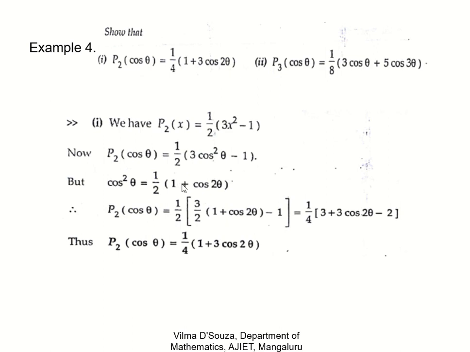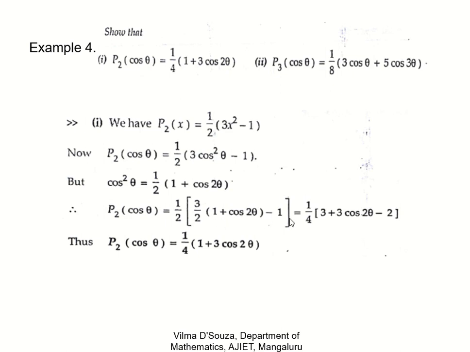Cos square theta is 1 plus cos 2 theta by 2. So rewrite p2 of cos theta is equal to 1 by 2 into 3 cos square theta, that is 3 into 1 by 2 into 1 plus cos 2 theta, you are substituting for cos square theta, minus 1.